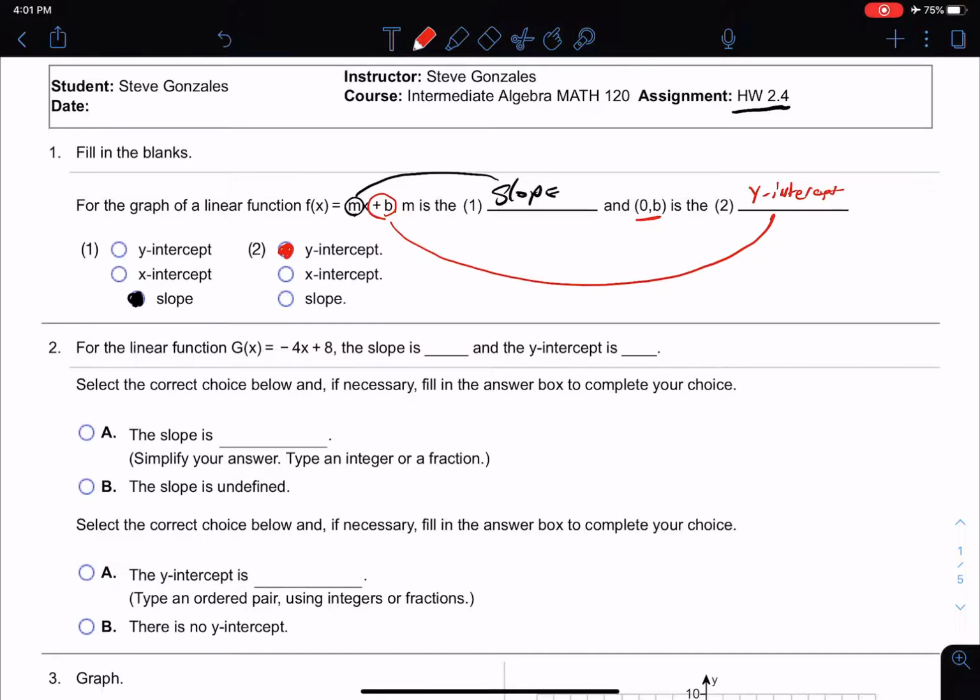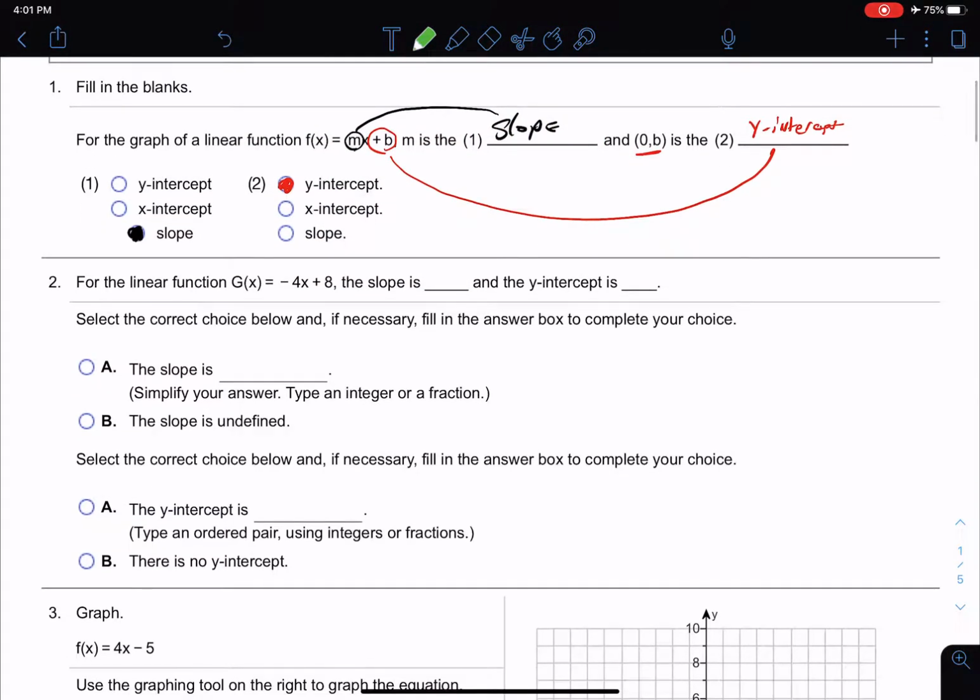All right, next question, kind of on the same line. It's asking for the linear function f of x equals negative 4x plus 8. The slope is, and the slope is always the coefficient in front of the x to the first power, negative 4. So the slope is negative 4.